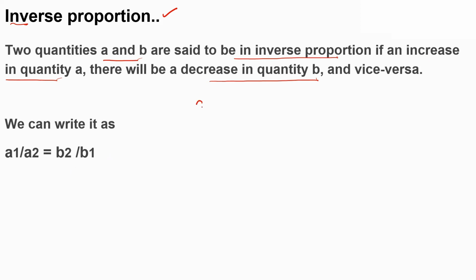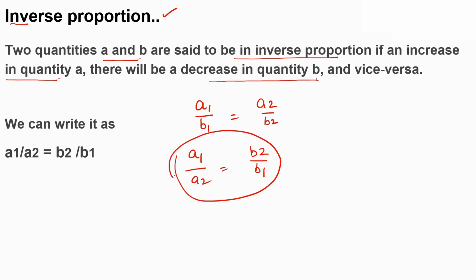Just like in the last example, if A1 by B1 should equal A2 by B2, but in this case, it should be opposite. Here A1 by A2 should be equal to, instead of B1 by B2, B2 by B1. So that should be inversely proportional.